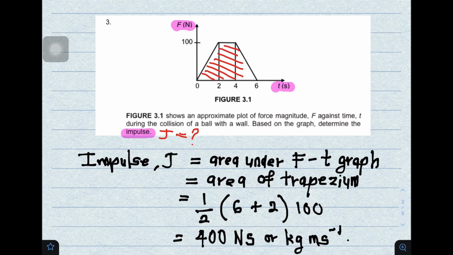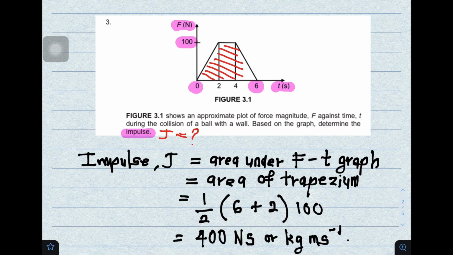From the graph, we can get the value of force. The average force is 100 Newton and the time interval is between 0 to 6 seconds.